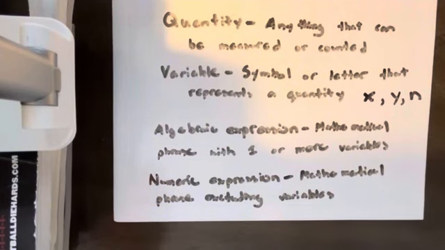Next, we have an algebraic expression. This is a mathematical phrase with one or more variables. Remember, everyone, that an expression does not include equality. So there will be no equal sign in any expression. So for the algebraic expression, all we have to do is have one variable, and this becomes an algebraic expression.